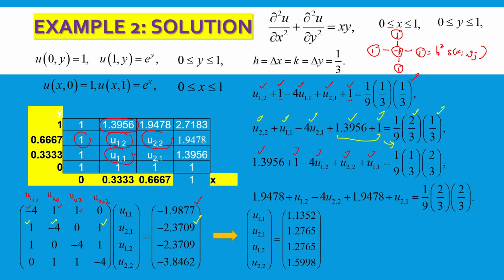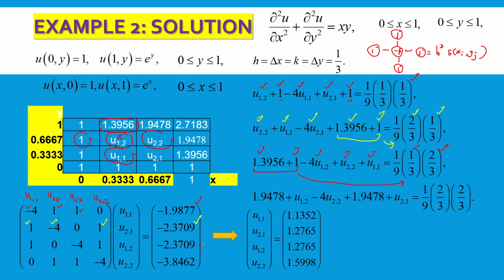And then when you target u12, x is 1/3, y is 2/3, because u12 is the center. So you move down, x 1/3 to the left, y is 2/3. And then you may collect this.